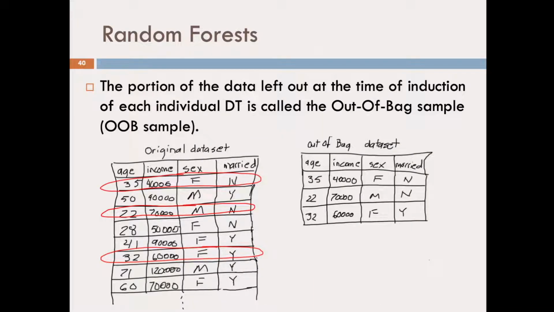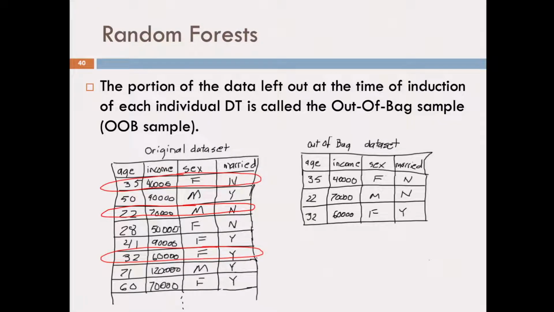The portion of instances that is left out of the Bootstrap sample is called the out-of-bag sample. So I have the original data set, I randomly get some instances, that's the Bootstrap data set. The instances that I didn't get are the out-of-bag sample. I can use this out-of-bag sample to evaluate the decision tree.